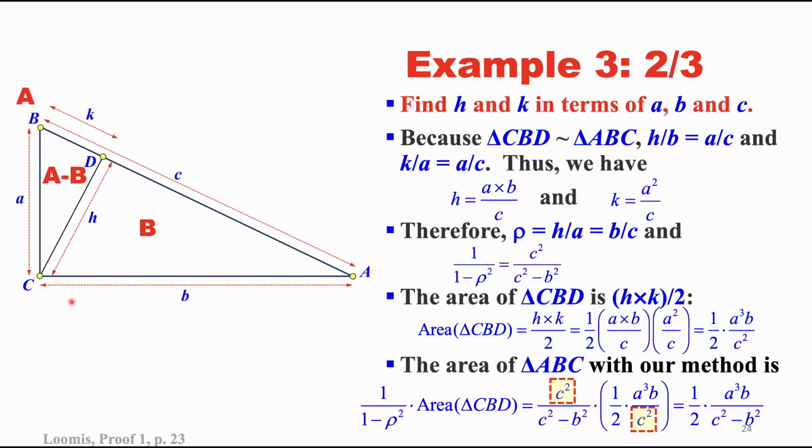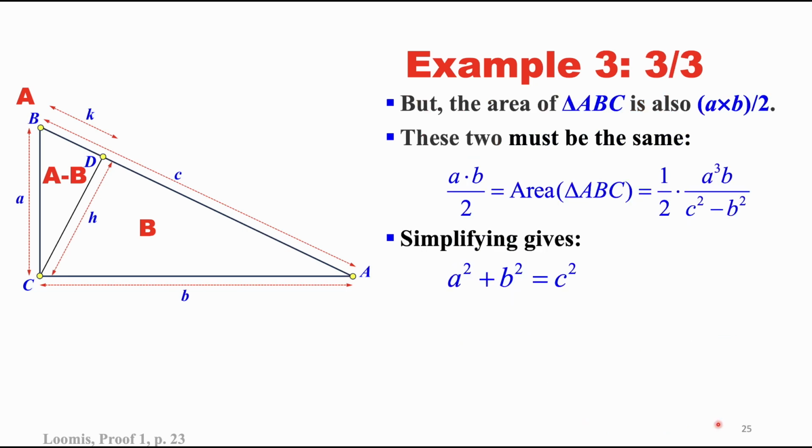Therefore, the area of ABC, according to our method, is the area of the complement times 1 over 1 minus rho squared. So we get this. After some simplification, we have this. This is the area of triangle ABC calculated with our method.